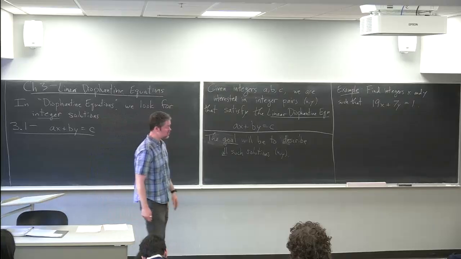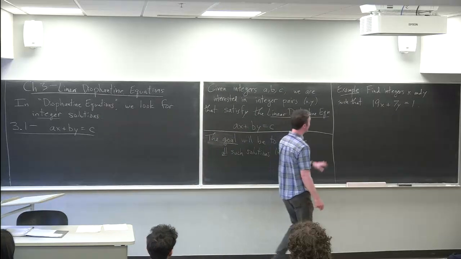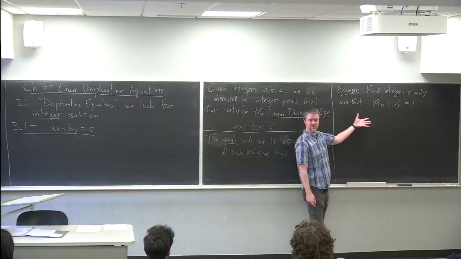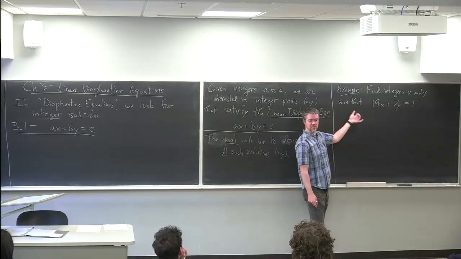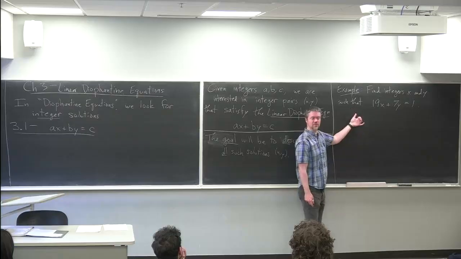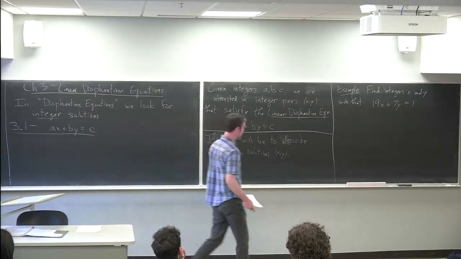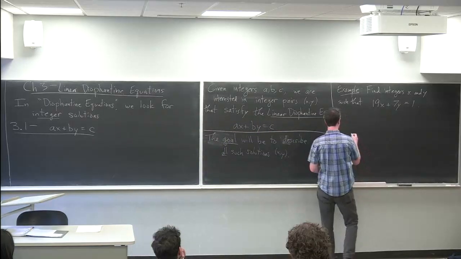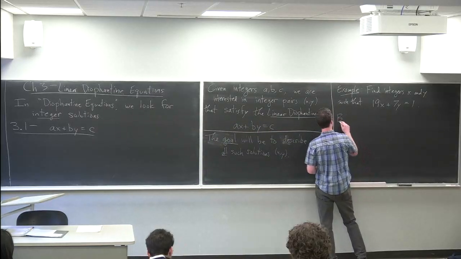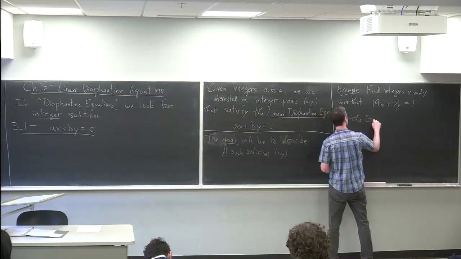The point was, you can find one solution to such a thing via the extended Euclidean algorithm. That's what this is really about here, and that's a thing we've done before. Let me just mention the solution we found by the extended Euclidean algorithm.